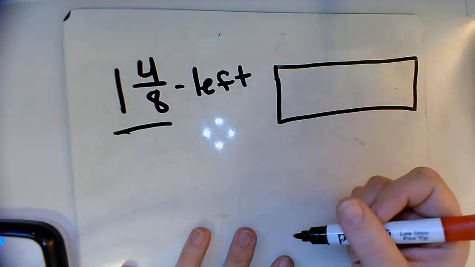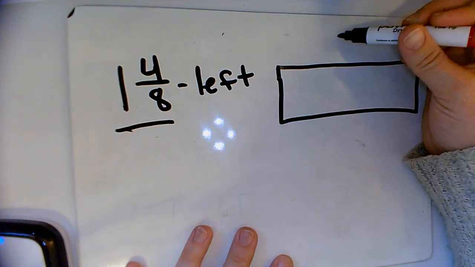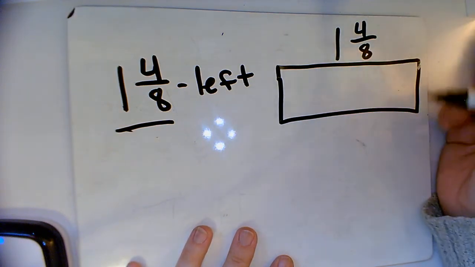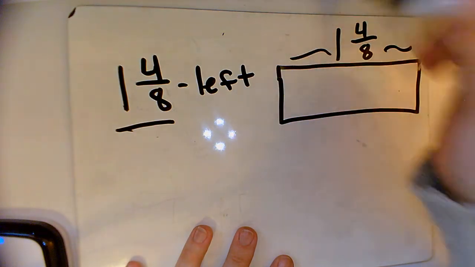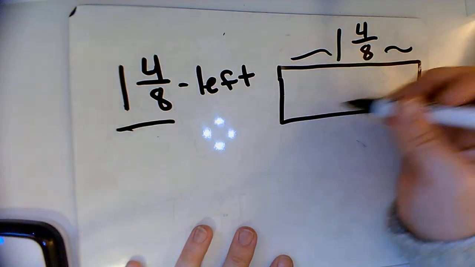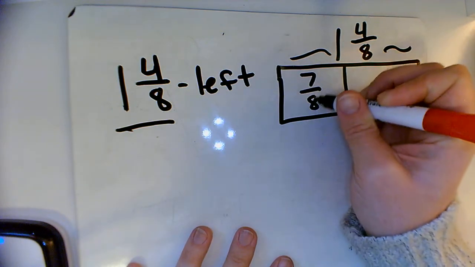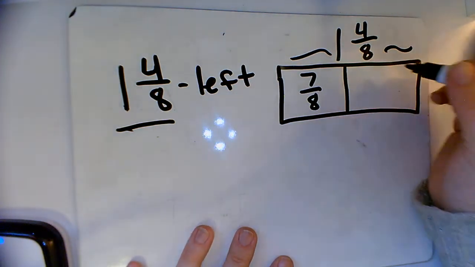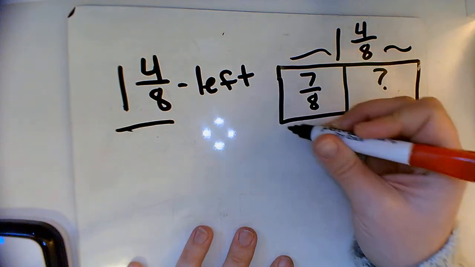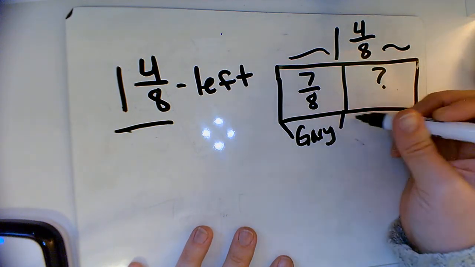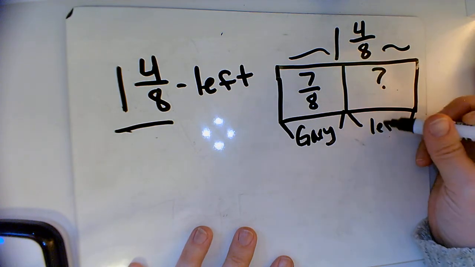This is our starting unit. So that's what this tape diagram is going to be worth. Okay? 1 4/8. We know that she gave 7/8 to Gary. What we don't know, so this is Gary, we don't know what is left.